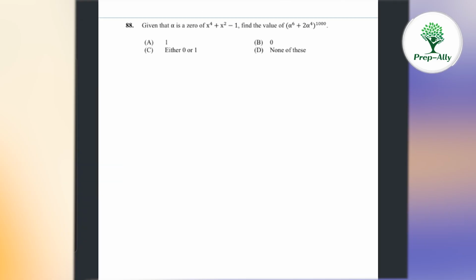In this question, we're given that alpha is a zero of x power 4 plus x squared minus 1, which means that alpha power 4 plus alpha squared minus 1 equals 0, and we're asked to find the value of alpha power 6 plus 2 alpha power 4, the whole power 1000.